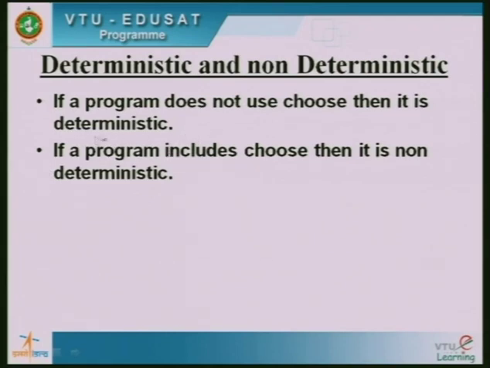If a program includes choose, then it is non-deterministic. So, you will see that programs like determining the prime will come in the first category, whereas the halting problem or the problem of the traveling salesman will all come in the second category, non-deterministic.